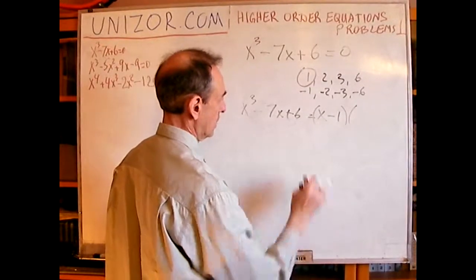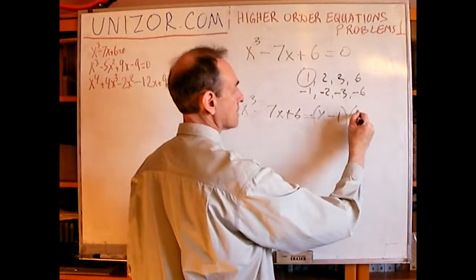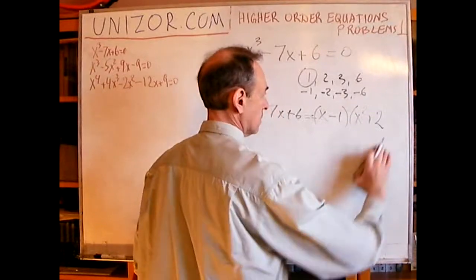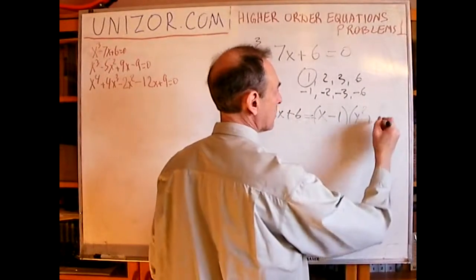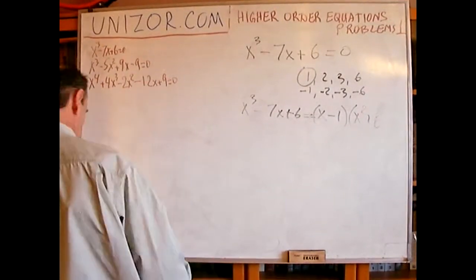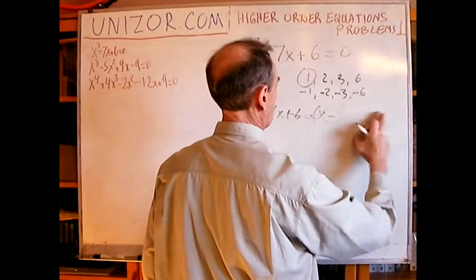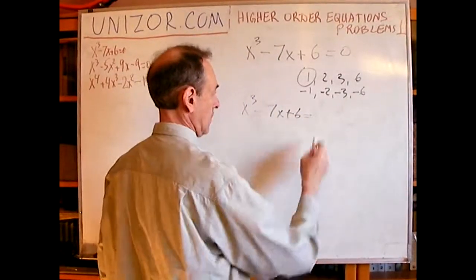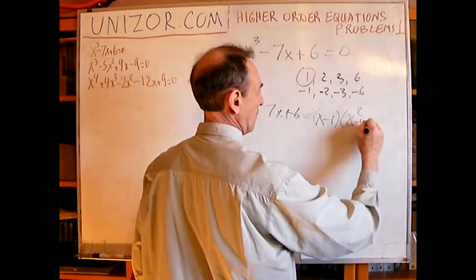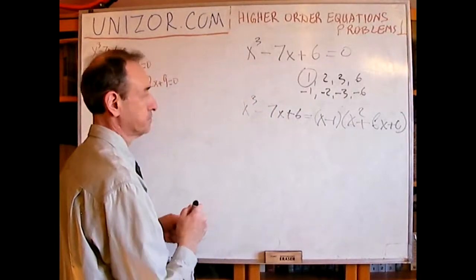Right? So we need the coefficient equal to 1, so this should be x squared plus some kind of a something like this.